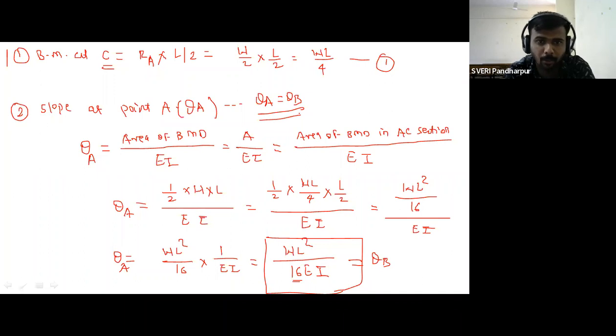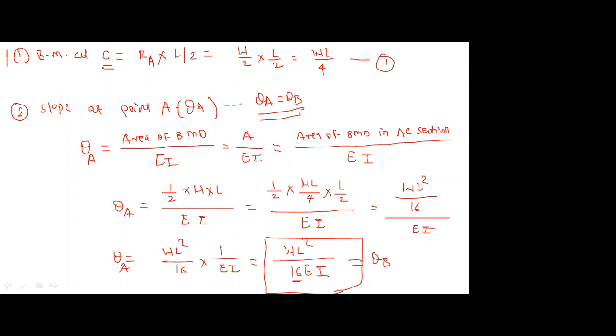So theta is equal to area of BMD upon EI, which is equal to area of BMD in the AC section. That means we just took the AC section instead of BC, and the answer we got we called theta B, because the load is at the center and the areas of both the triangles are the same. Okay, finish. Slope calculation is over.